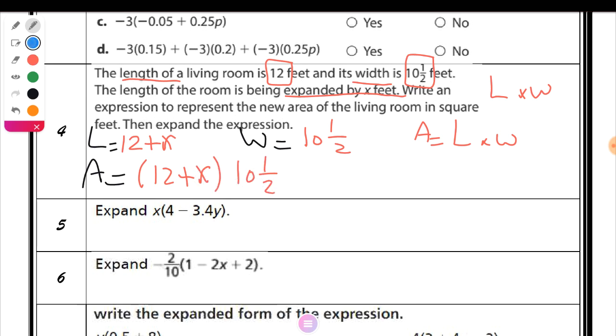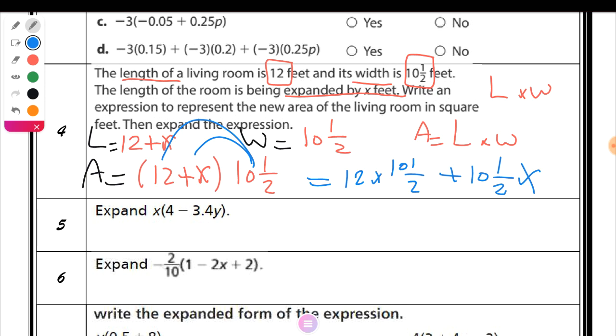Let's use the distribution property. By the way, you can use the distribution from left or right, it's okay. So first one, it will be 12 multiply 10 and a half plus 10 and a half x.